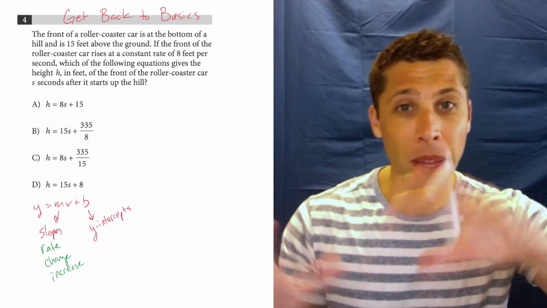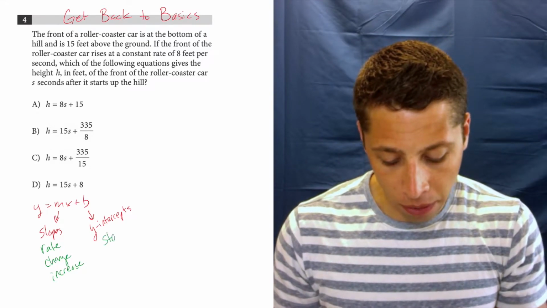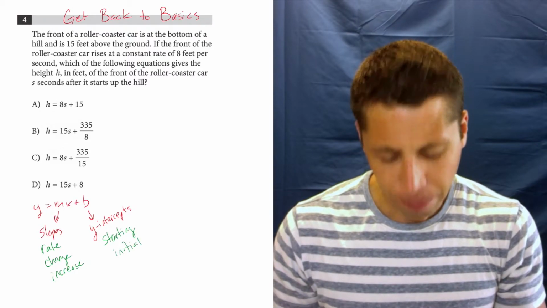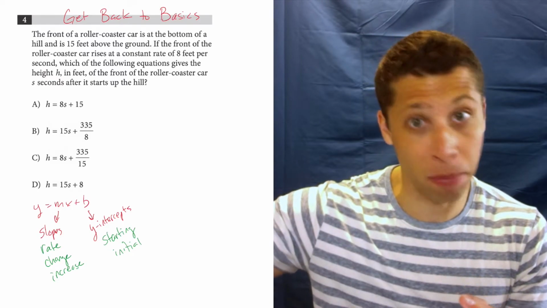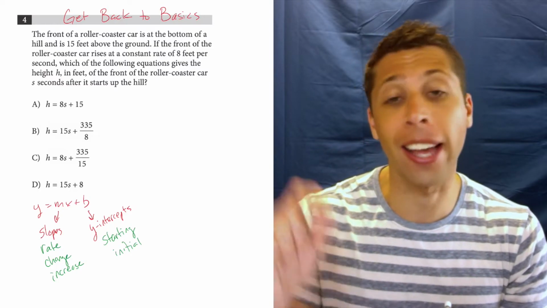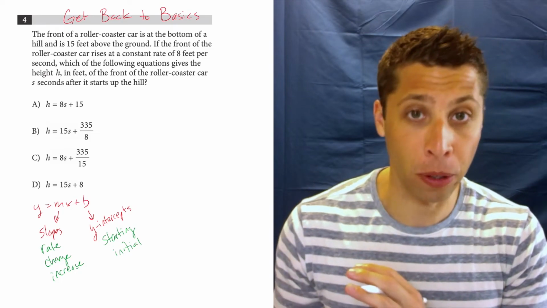It's something is moving, something is changing. Whereas a y-intercept is more of a starting point or an initial value. And that's because usually when we have a story, we're not thinking about negative numbers. So the first point on our graph is where x is 0, and that's your y-intercept. So that can help us interpret what's being said.